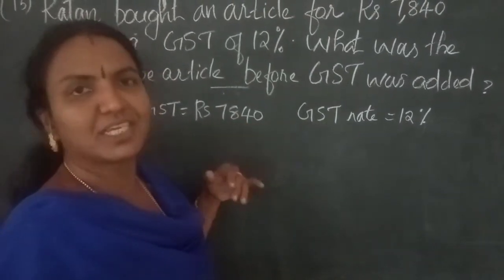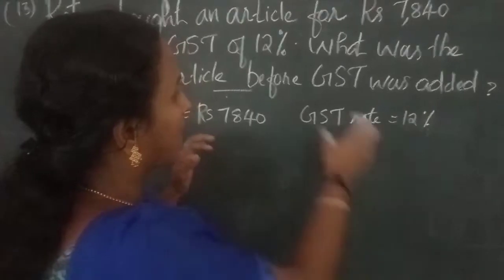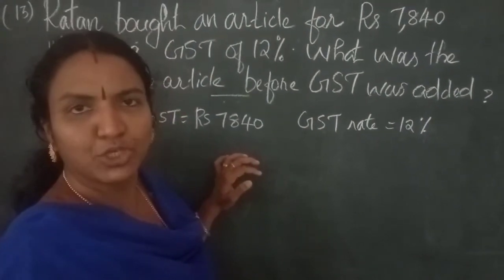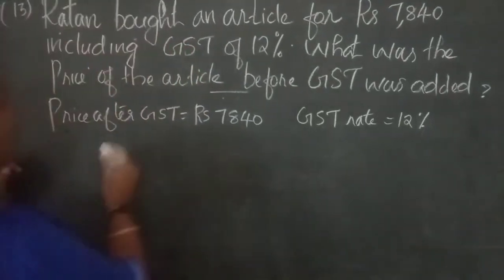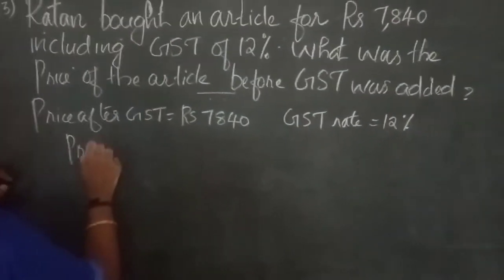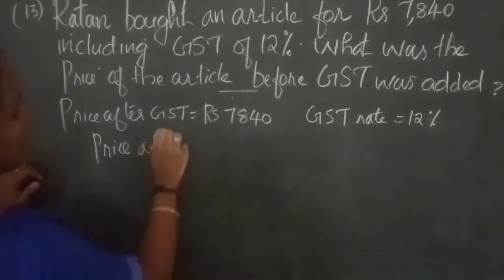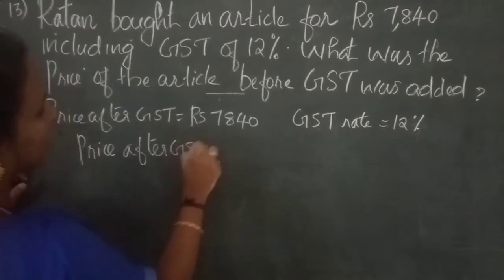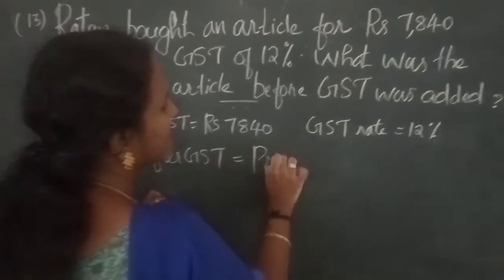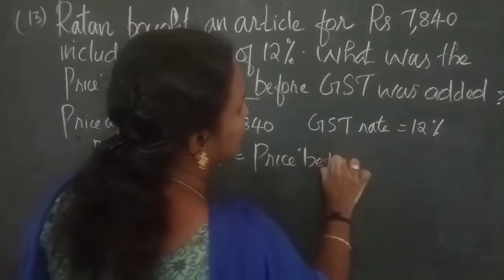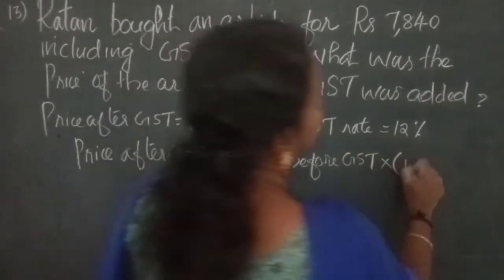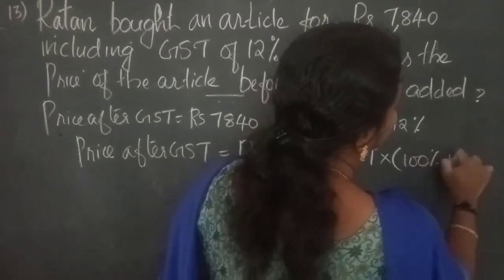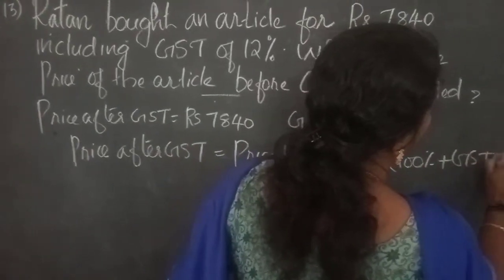Price after GST is equal to price before GST into 100% plus GST rate. So formula: price after GST is equal to price before GST into 100% plus GST rate.